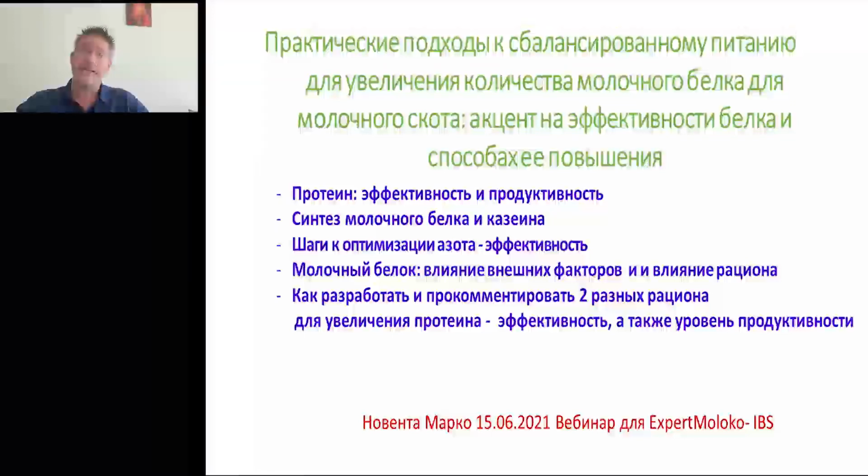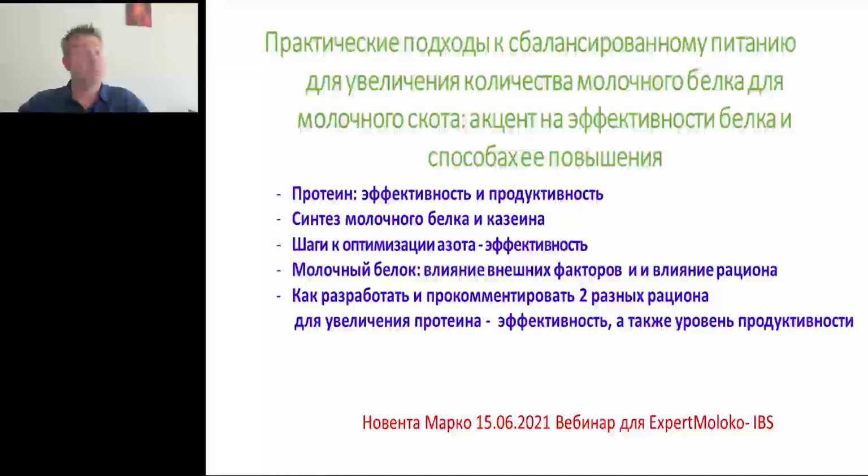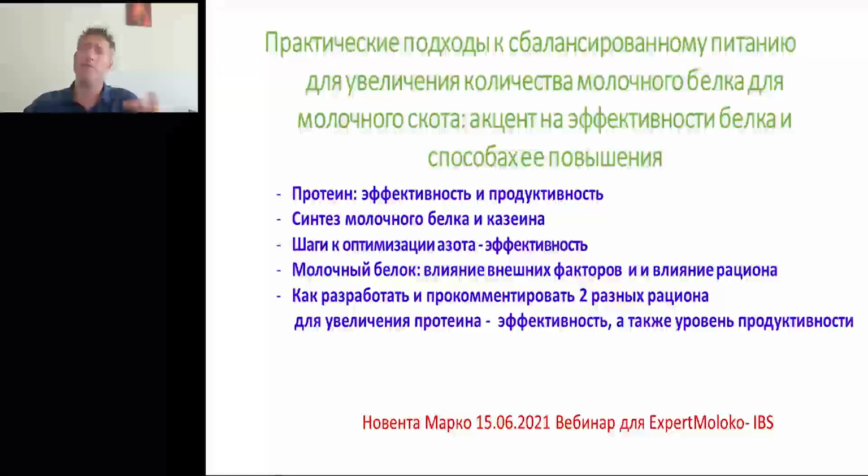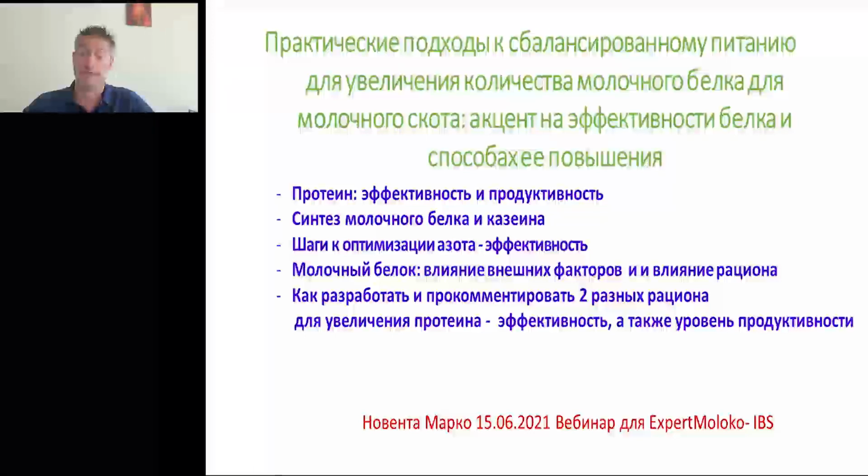And then I have prepared two different diets formulated, one in a normal way with 30% of nitrogen efficiency, and the second one with a higher nitrogen feed efficiency at 32%.